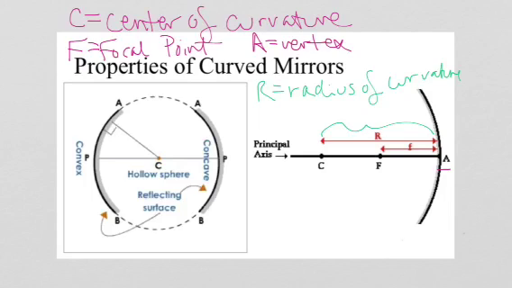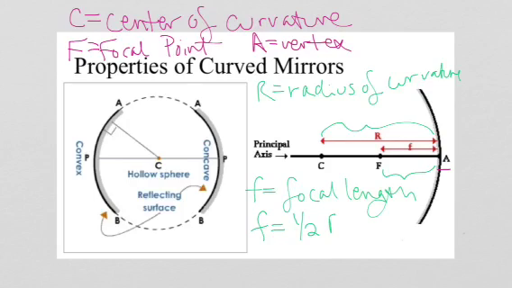And then we have lowercase f, which is called the focal length, and that is the distance from the focal point to the vertex. Also note that the focal length is half of R. So those are just some terms for us to think about.